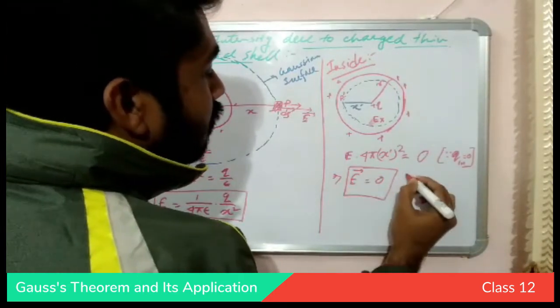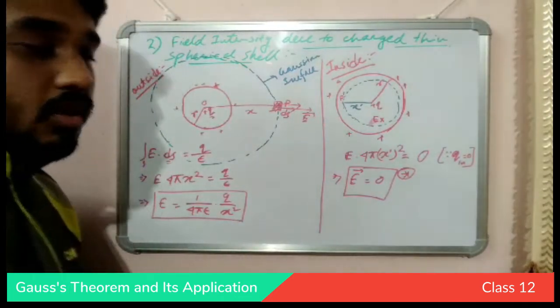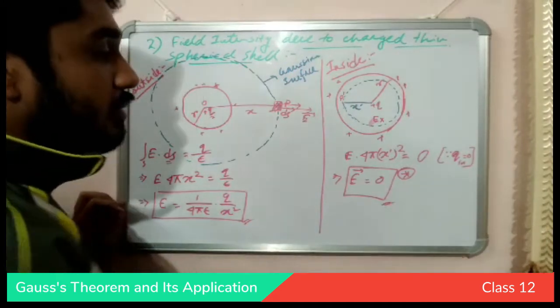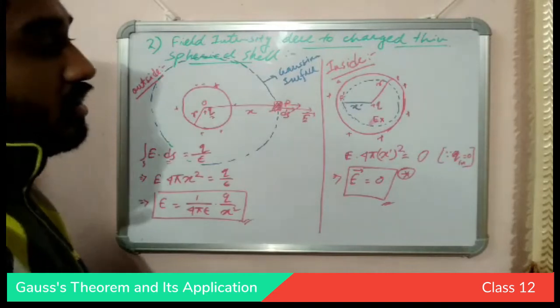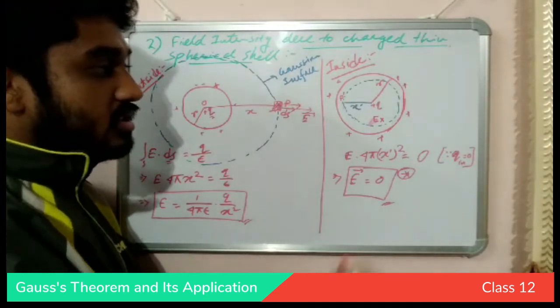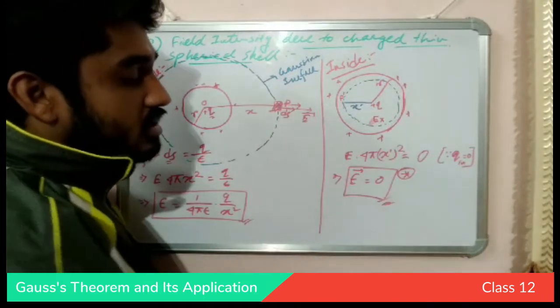It is very important to remember this formula or this method, or these two formulas actually. This is very important in joint entrance and competitive exams. They always ask some tricky questions where you have to calculate the electric field intensity inside a spherical shell. So it is always 0, remember this.